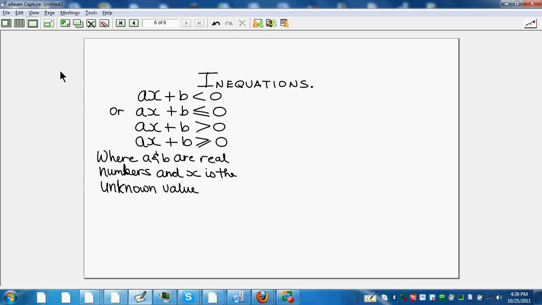Okay? So that's what a linear inequation would look like. Of course, this sign here we said means less than. That sign means less than. This one means less than or equal to.